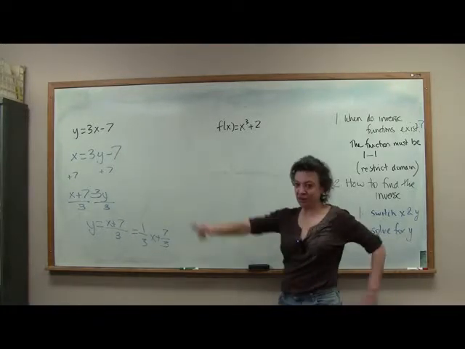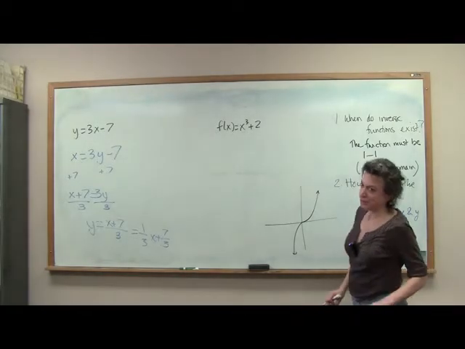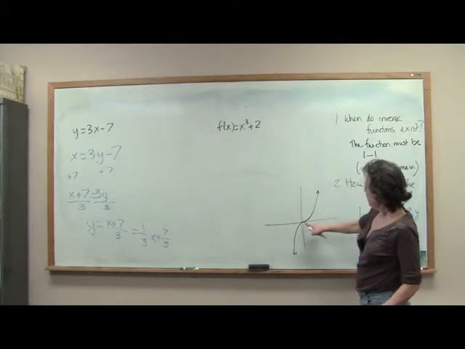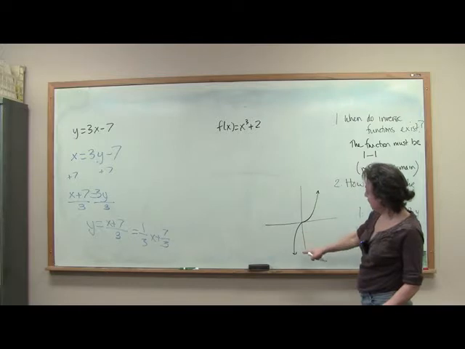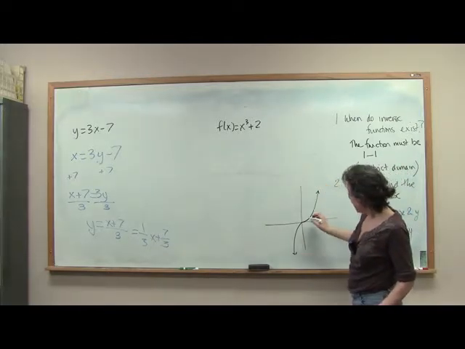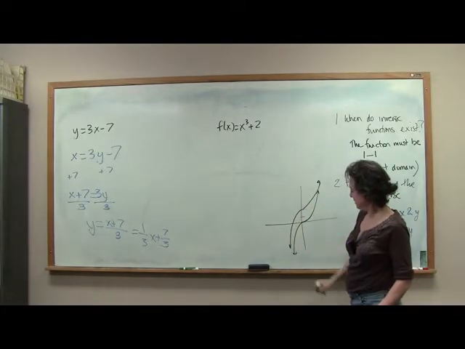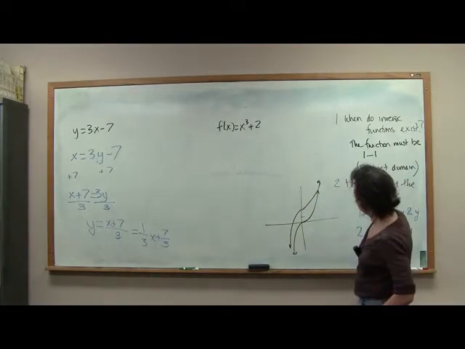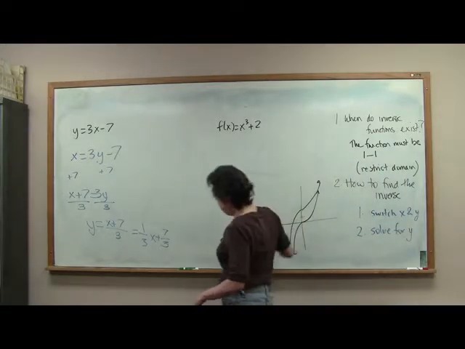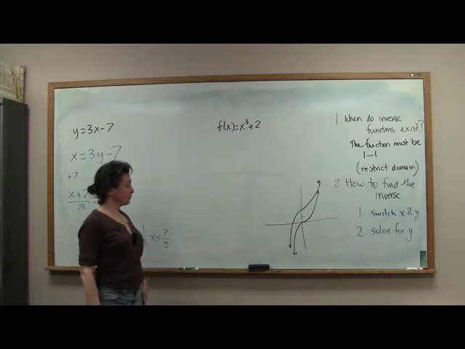I always call that my John Travolta function, after a really bad movie. But anyway, if this is your graph of x cubed, what do you do when you add 2 at the end? Don't you just take that whole graph and move it up 2? Yeah. So, anyhow, side matter. I claim this is totally a one-to-one function.